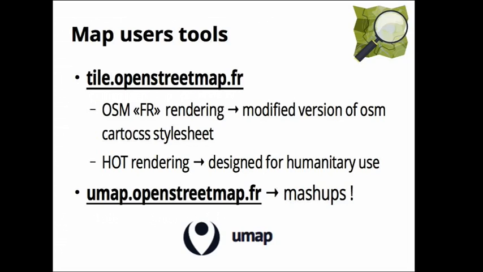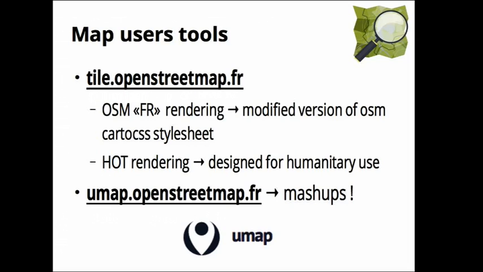It's a modified version of the Carto CSS style sheet with some things that have been adapted to French habits or French culture. For example, we put the French name in priority. Our bakery, we provide bread, not pretzels, for example. So, cultural things. This server also is hosting the HOT rendering.